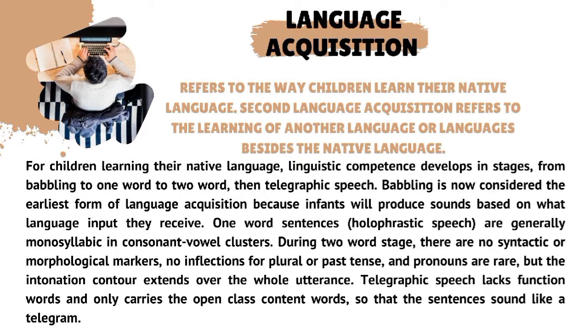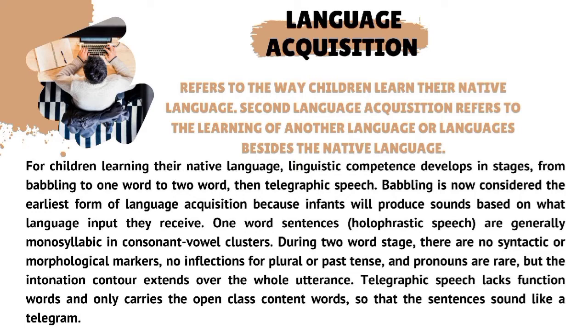Then, telegraphic speech. Babbling is now considered the earliest form of language acquisition because infants will produce sounds based on what language input they receive. One-word sentences, holophrastic speech, are generally monosyllabic in consonant-vowel clusters.